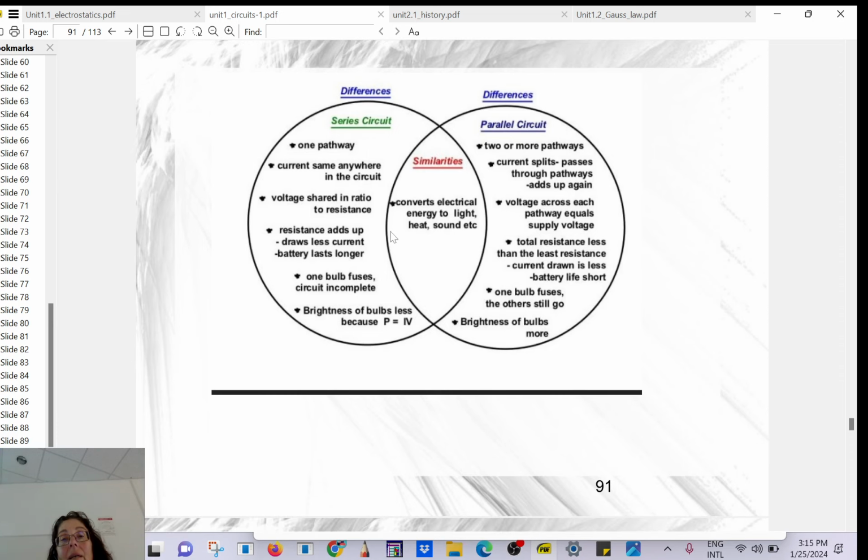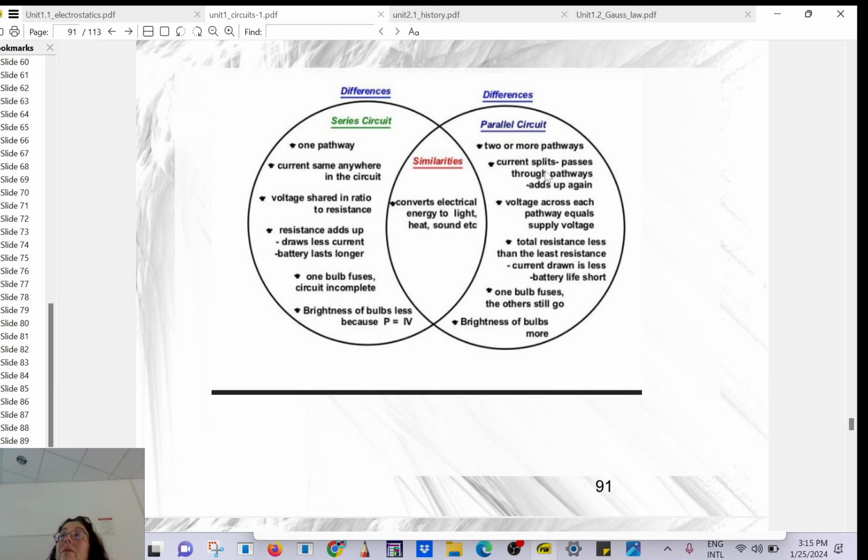Okay, so here they are comparing circuits in series and in parallel. Here you have one pathway. Here you have two or more pathways. The voltage has to be shared here, while in parallel all of them have the same voltage. The current is the same all over in a circuit in series.